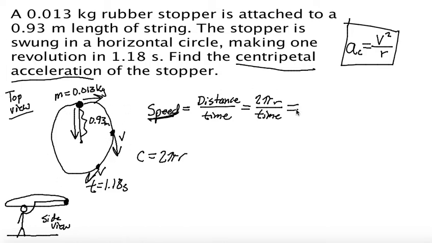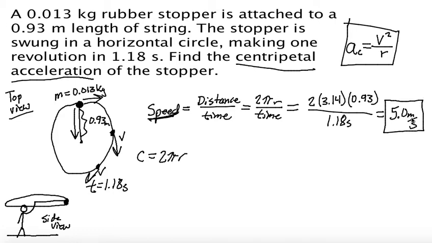So let's plug in some numbers. 2 times 3.14 times the radius, which is 0.93, divided by the time that it takes to do one complete revolution, which is 1.18 seconds. Crunch the numbers on that, and we should get 5 meters per second.